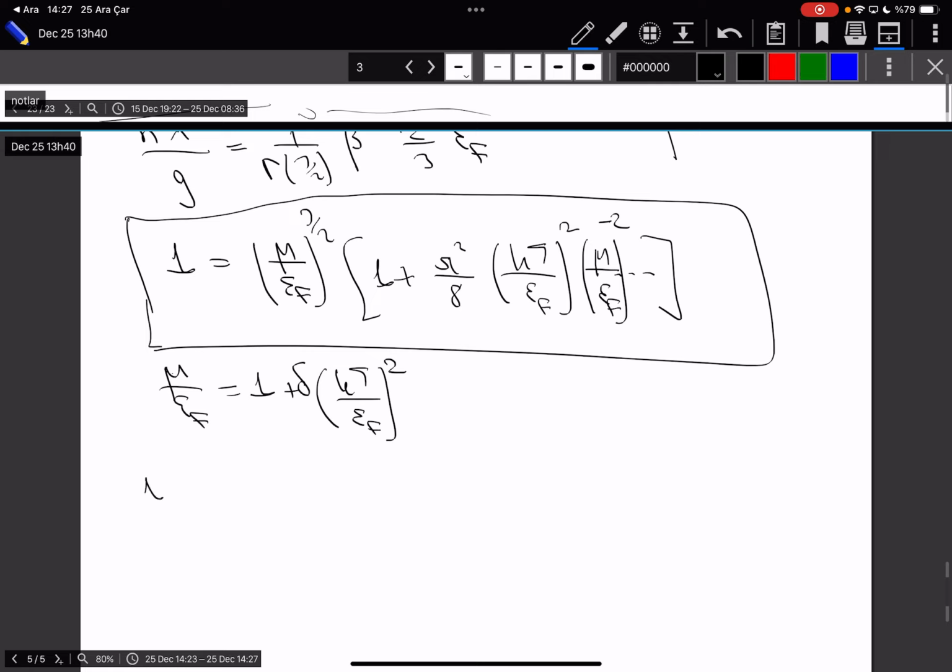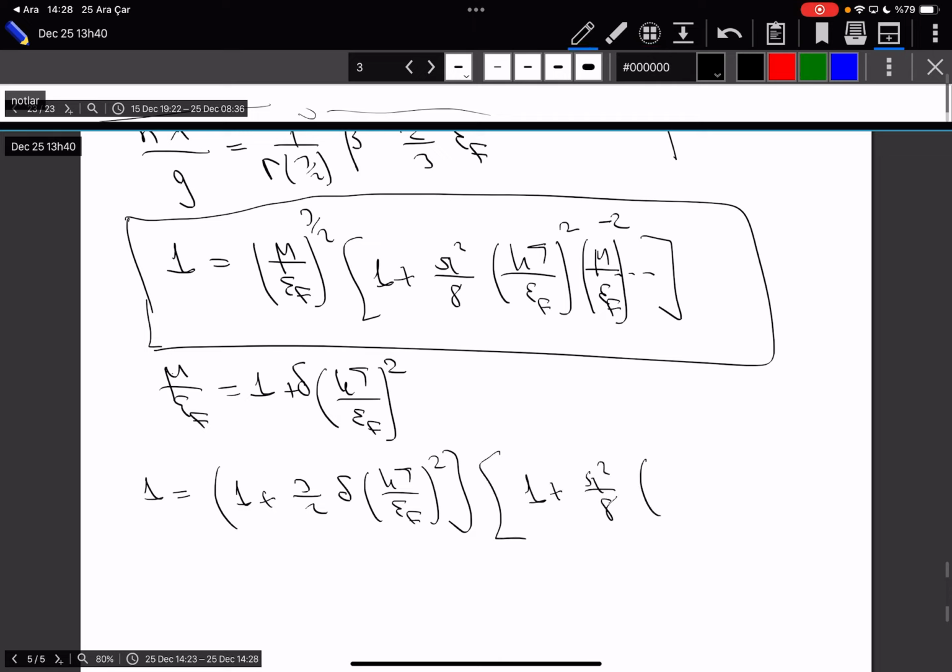So 1 is, if I take the 2/3 power of that expression, that will give me 1 plus 3/2 delta kT over epsilon Fermi squared, times 1 plus pi squared over 8 kT over epsilon Fermi squared, plus terms of the order of kT over epsilon Fermi to the power 4.